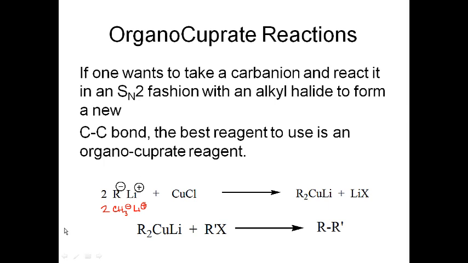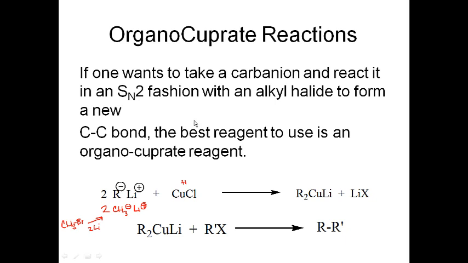And remember, we make the organolithium compound by taking an alkyl halide and simply reacting it with two equivalents of lithium to get the Grignard equivalent, the organolithium. You then take 2 equivalents of that and you react it with 1 equivalent of copper plus 1 chloride.